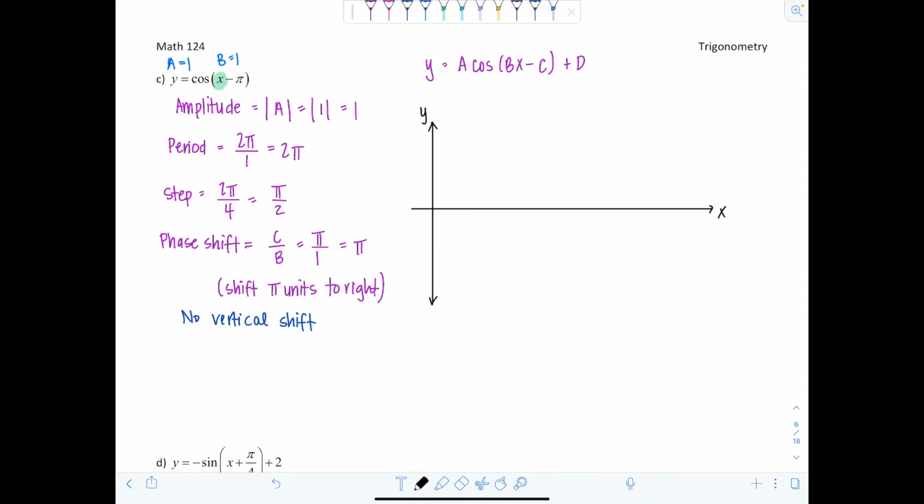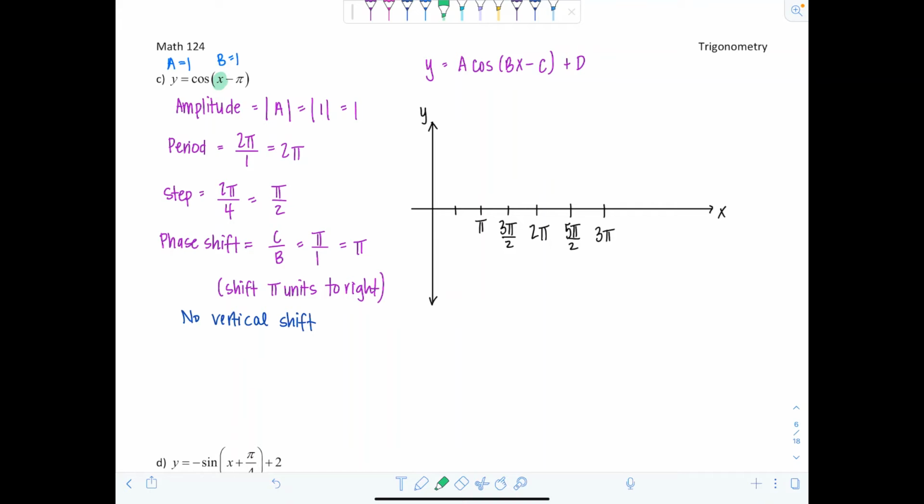Now the step is pi over 2. So here's pi, and then I'm going to add pi over 2 till I get my 5 key points. So that's, pi is 2 pi over 2, so adding another one, now I'm at 3 pi over 2, then 2 pi, then we have 5 pi over 2, and 3 pi.